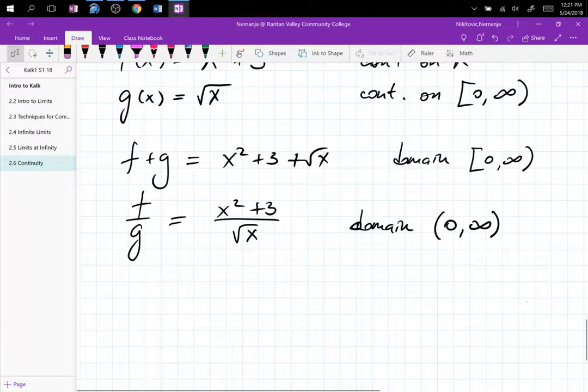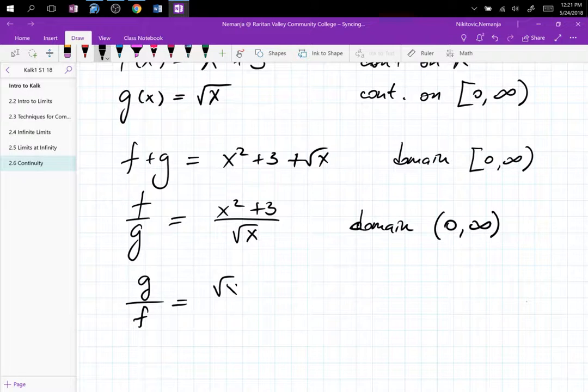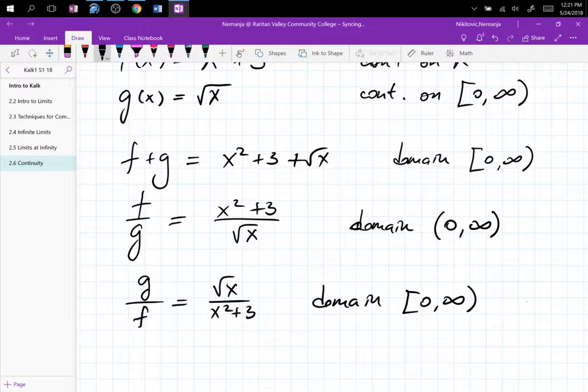Now, if I flip this and write it as g over f, which is square root x over x squared plus 3, the domain on this one still includes 0, right? Because in this particular case, the denominator can never be 0, because any number squared is always positive and you add 3.